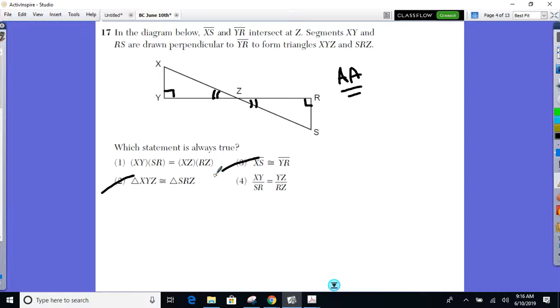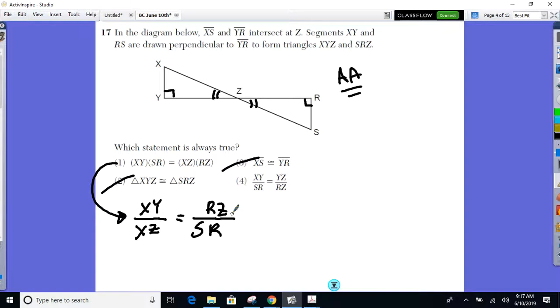We know they're similar. Sides in the ratio, or where did this come from, by the way? This is a product of the means equals product of the extremes. All right, hold on. I'm going to take this next level now. What would be the ratio that resulted in those two products? XY here, where would SR have to be? Diagonal. And then XZ, RZ. So basically it comes down to, out of these two proportions, which one's the correct one?